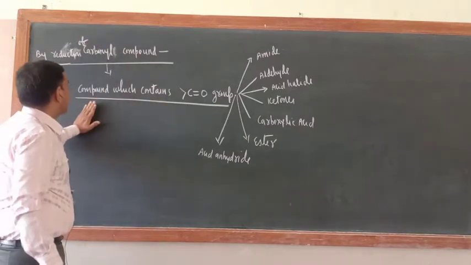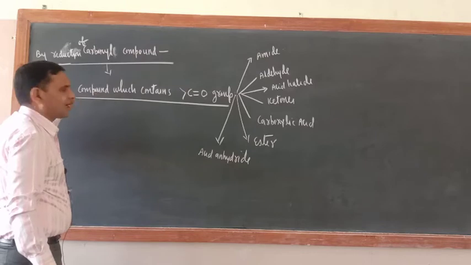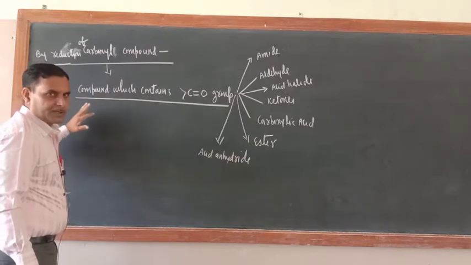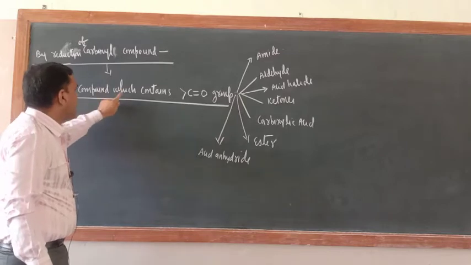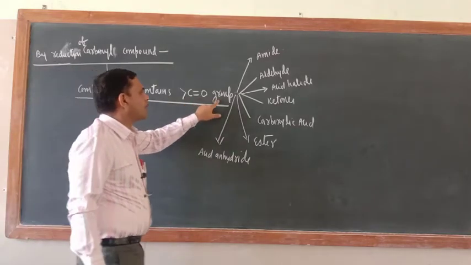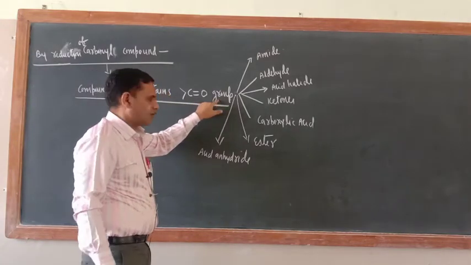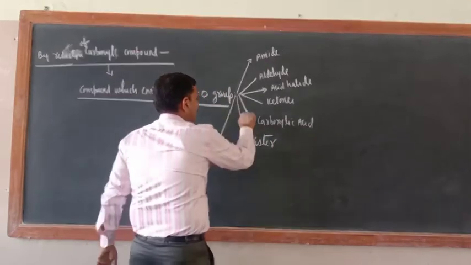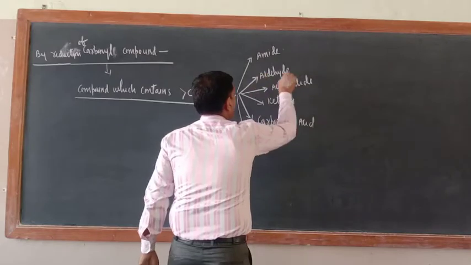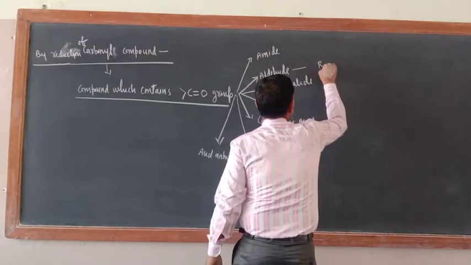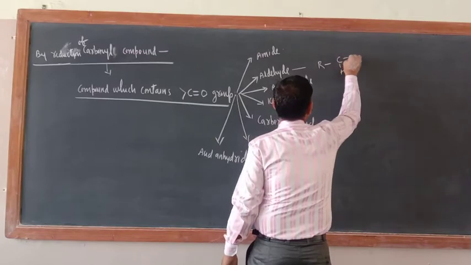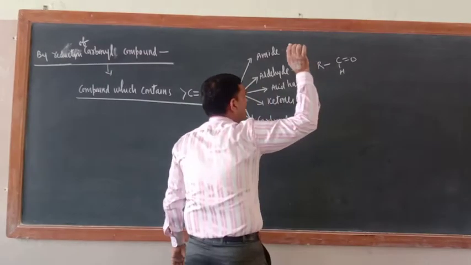So first understand what carbonyl compounds are. Compounds which contain the C double bond O group are known as carbonyl compounds. I have already given you the list. Aldehyde: I taught you in 11th class, RCH double bond O is the general formula of aldehyde.